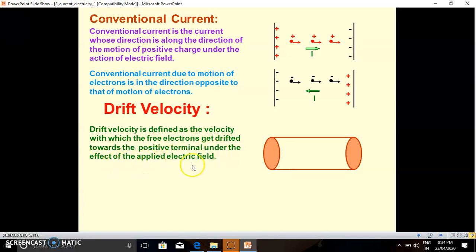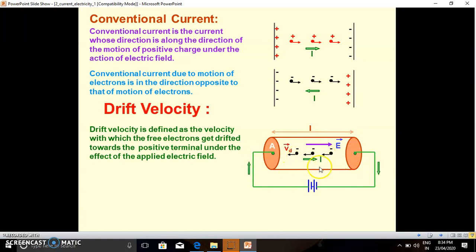Or, as an alternate definition, you can write: it is the constant velocity attained by the electron under the action of the applied electric field, and this drift velocity is always opposite to the applied electric field.